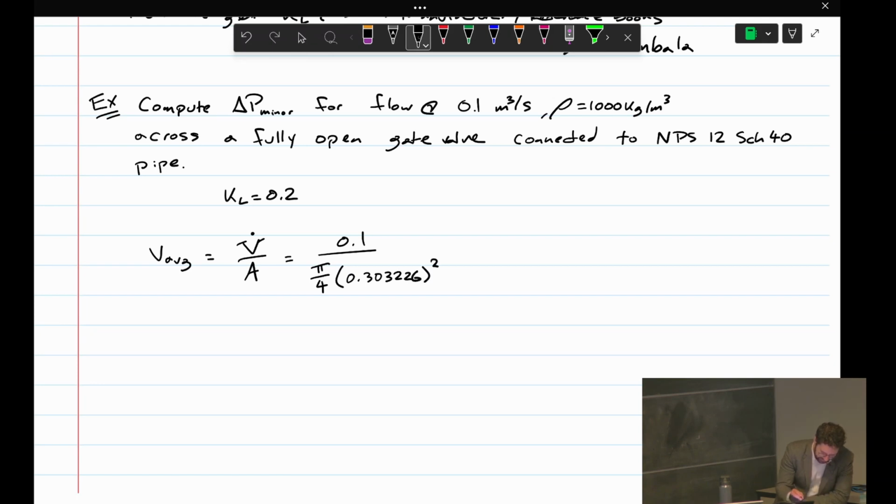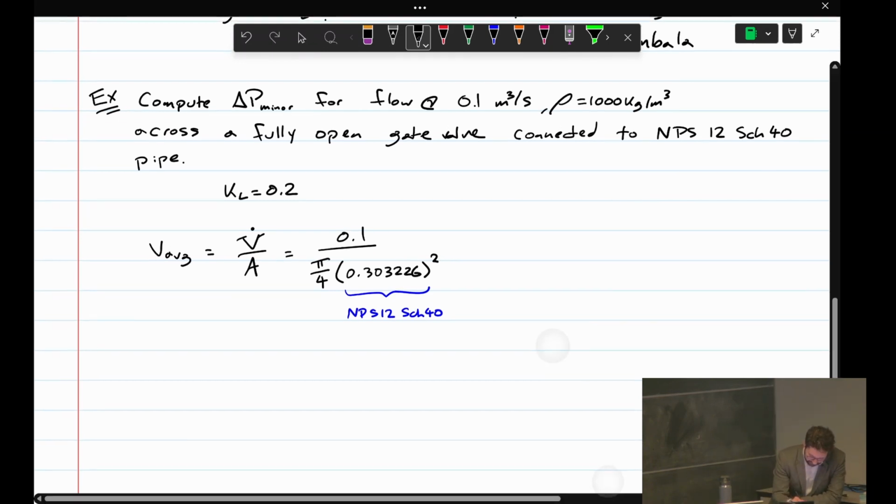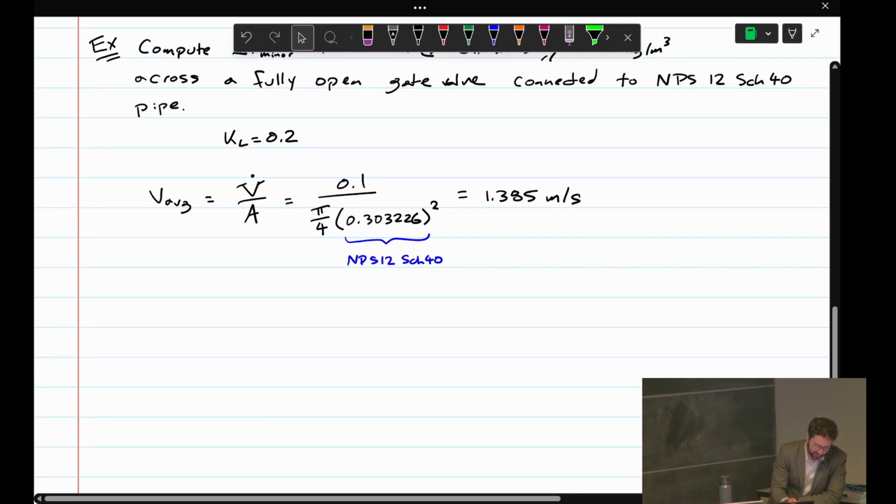0.303226 squared. I did some of these calculations last time, but the internal diameter is given by the fact that we have NPS 12, schedule 40 pipe. So you'll notice this isn't the internal valve diameter. We don't actually need to know anything about the valve geometry. This is the pipe diameter, the D in the minor loss equation. Okay, so we have our V average now.